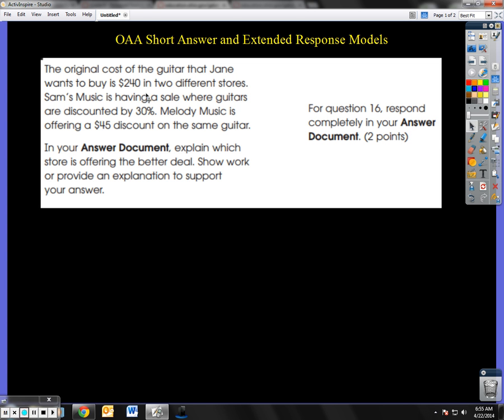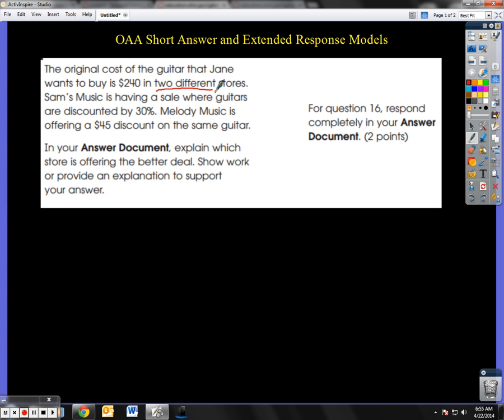Take a look. The original cost of the guitar that Jane wants to buy is $240 in two different stores. Sam's Music is having a sale where guitars are discounted by 30%. Melody Music is offering a $45 discount on the same guitar. In your answer document, explain which store is offering the better deal, show your work, or provide an explanation to support your answer. Okay, I'm comparing two different stores.